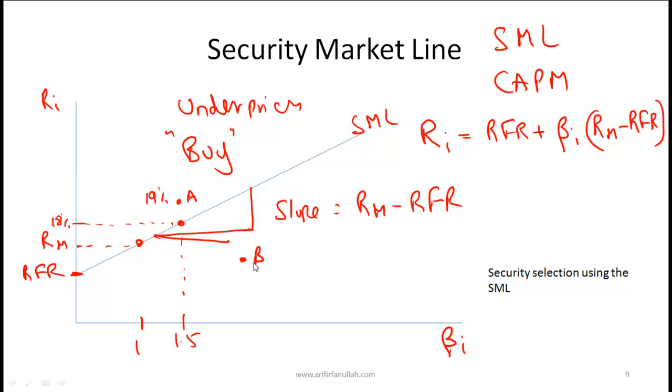Securities such as B, which plots under the security market line, is overpriced. This is because the return that you are expecting on B is below the return that you require for this level of risk. So very important points. Make sure you understand this concept well, and that you can identify securities above the SML as underpriced and below the SML as overpriced.